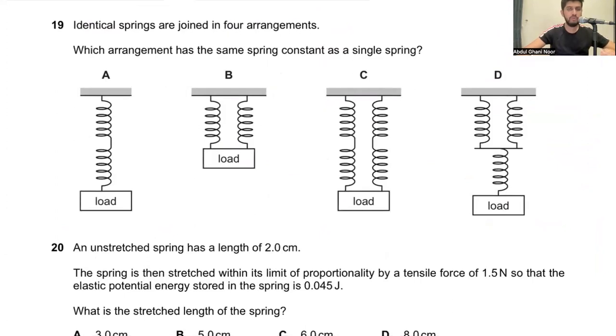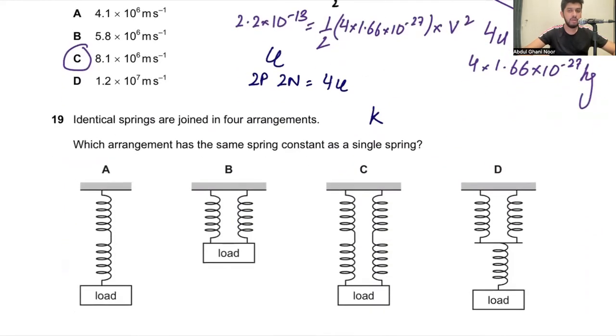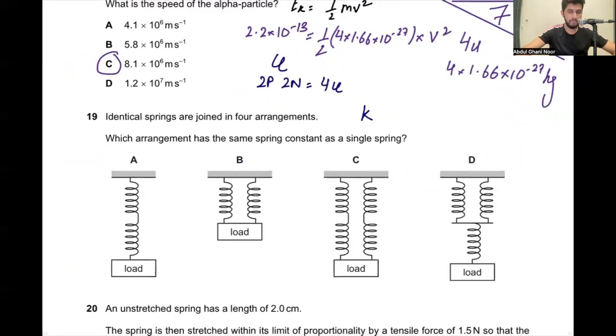Identical springs are joined in 4 arrangements. Which arrangement has the same spring constant as a single spring? So let's say each spring has a spring constant of K. The answer to the previous one was C. Each spring has a spring constant of K. When you connect two spring constants in series, what happens to the spring constants? क्योंकि ये identical हैं, ये half हो जाएंगे.